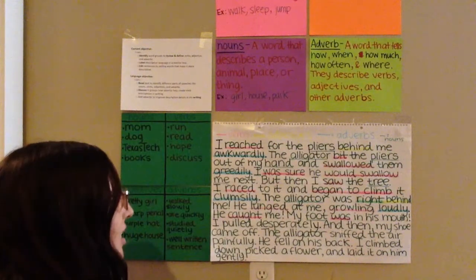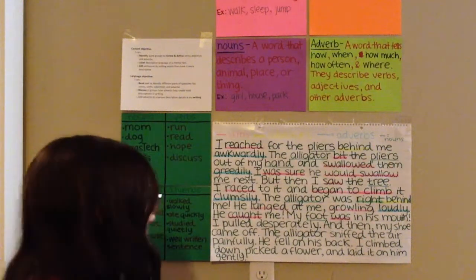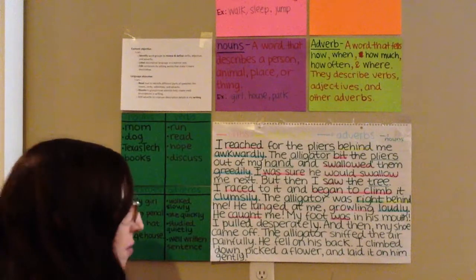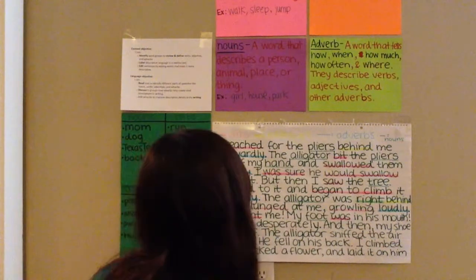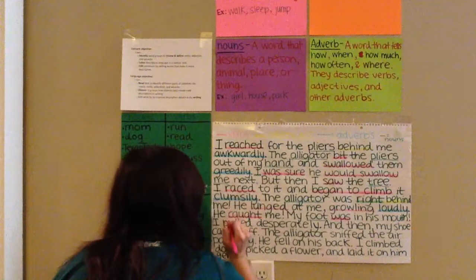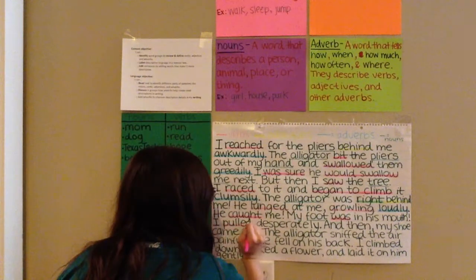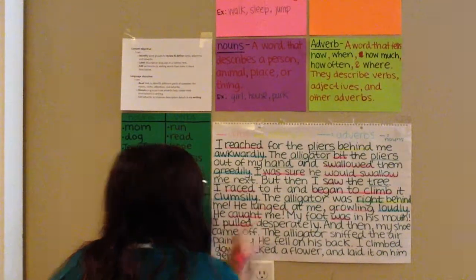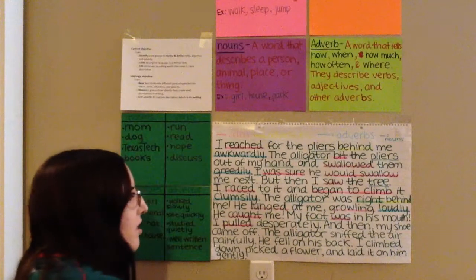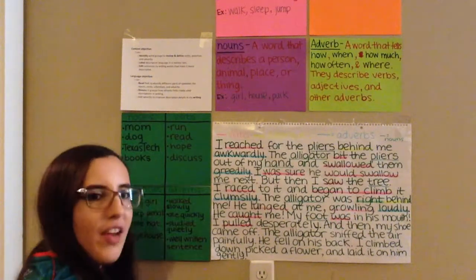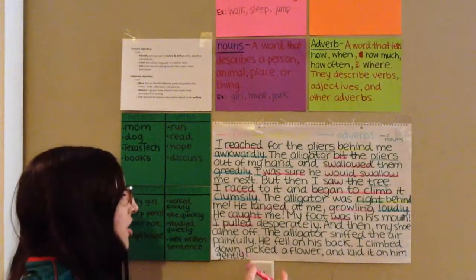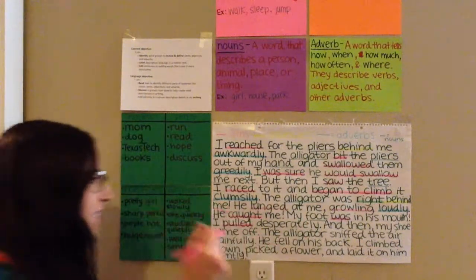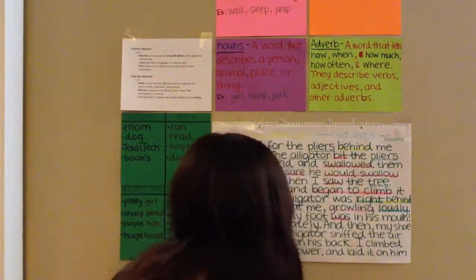I pulled desperately. What do you see in this sentence? Okay, we heard another verb. So what is the verb? Good. Pulled. And what else do you see? Is there an adverb? This is a short sentence, are you sure? Okay, good. So there is an adverb. What is it?